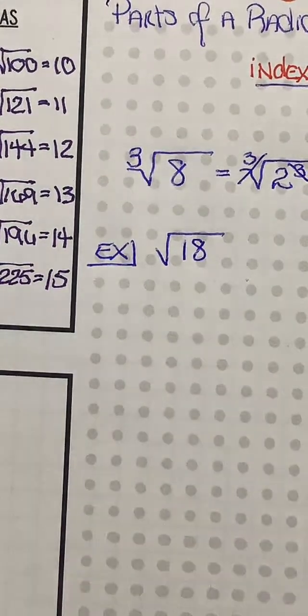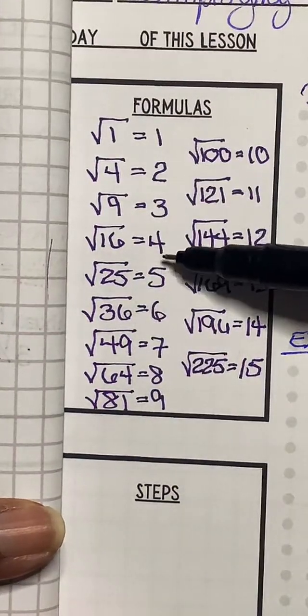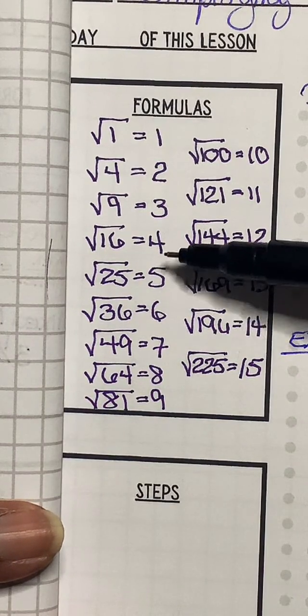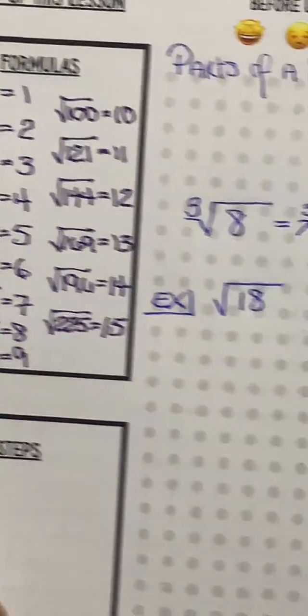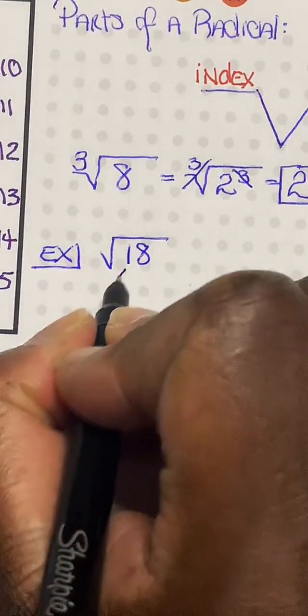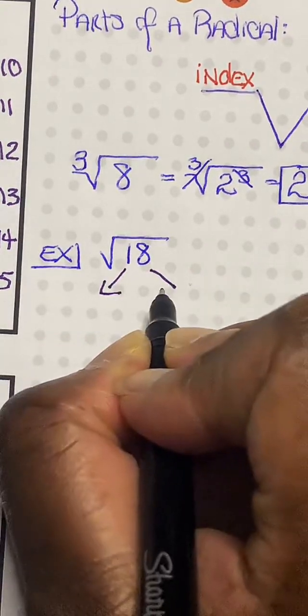So the square root of 18 is going to be between the square root of 16 and the square root of 25. Okay, so there is not a perfect square root of 18. But we can break it down. Remember prime factorization back in the day? When math was simpler.